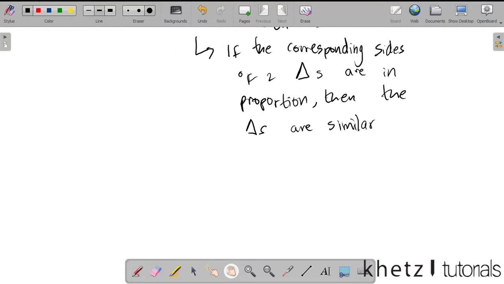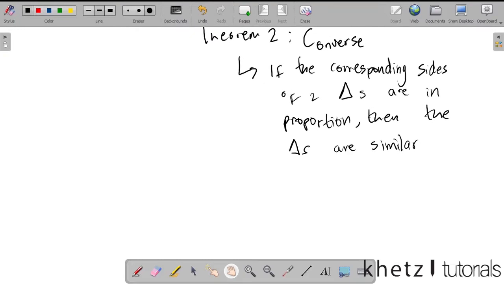So our task now is to actually see if this is true. And to find out if that is true, I'm actually going to do a proof for this. So in the proof, we know that we're actually given that corresponding sides are in proportion, as the first part of the statement says.